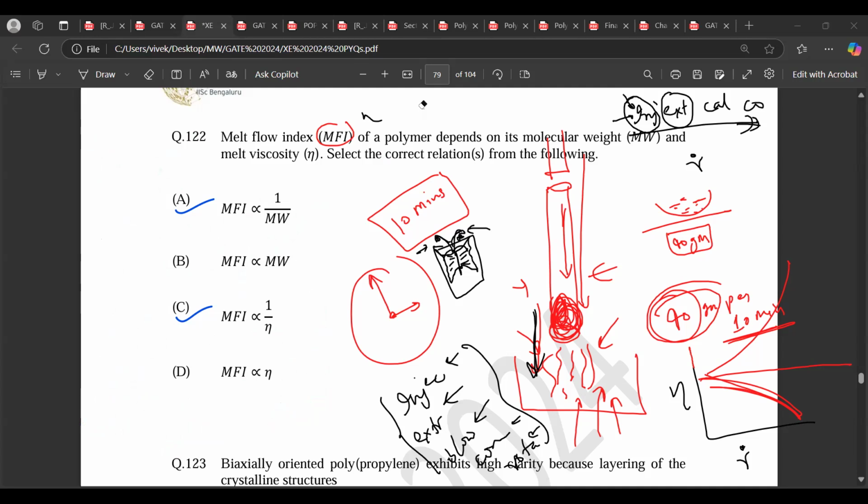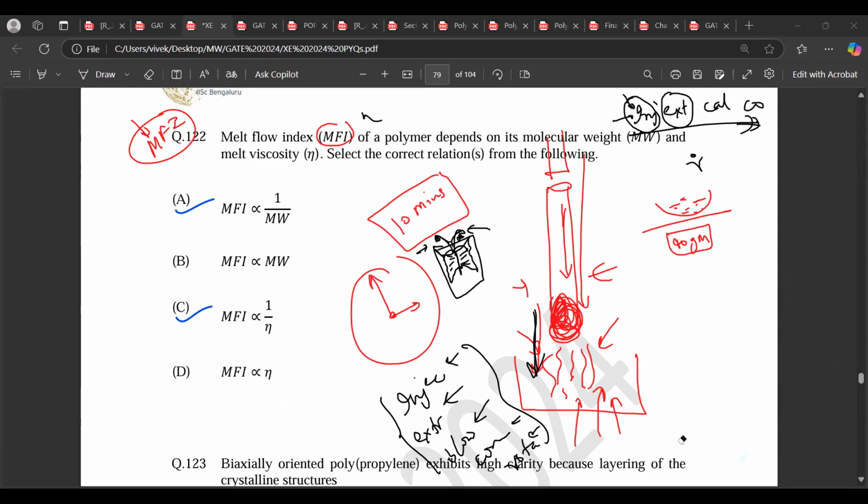What is the requirement for being extrusion grade? So this MFI is used for grading polymers for processing, right? So what does MFI mean? MFI means how fast the molten polymer flows, and a faster flow gives you a higher MFI, from this definition, right? Higher MFI, okay.